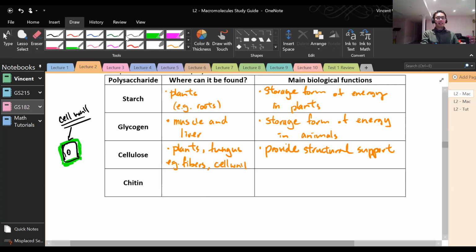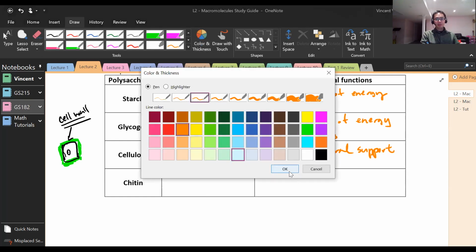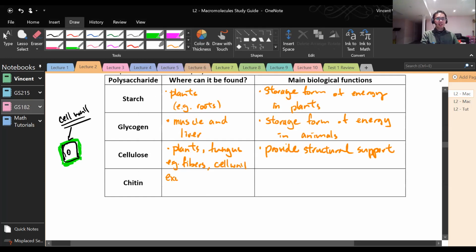Chitin. Okay, chitin is found in, let me choose my happy orange color here, the exoskeleton of insects, and also crustaceans. These are shellfish, like lobster and shrimp. Their shell is hard, and it's made up of chitin.